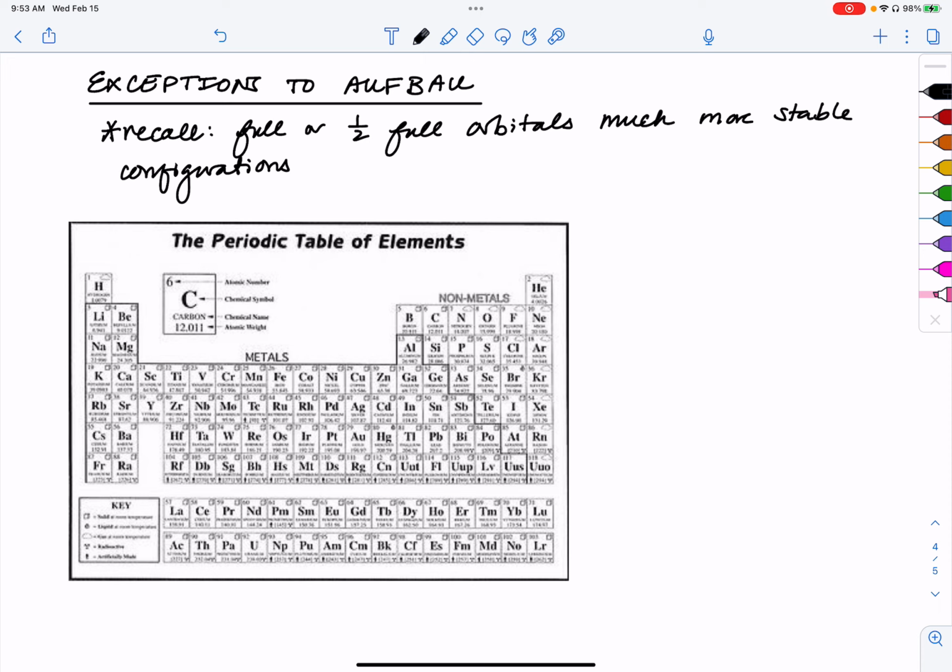So when we have this conversation about exceptions, we're really going to be focusing on our D block elements.